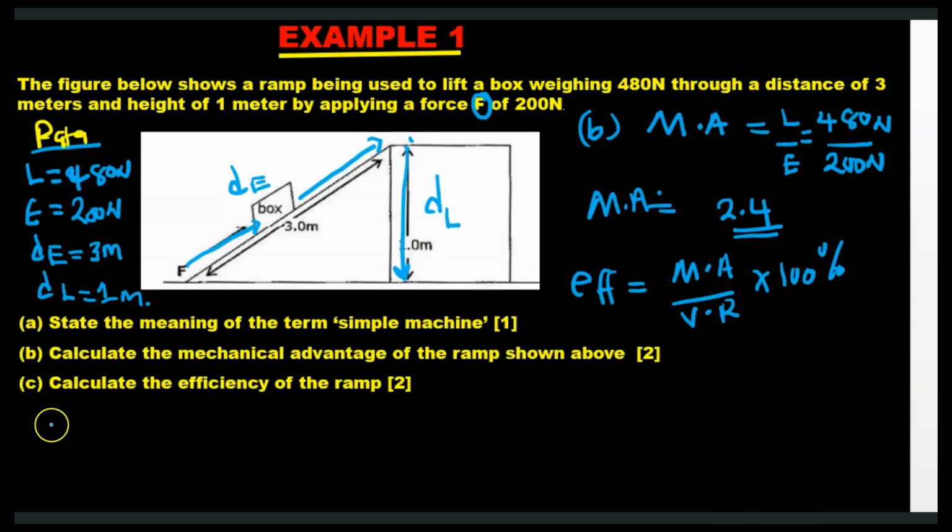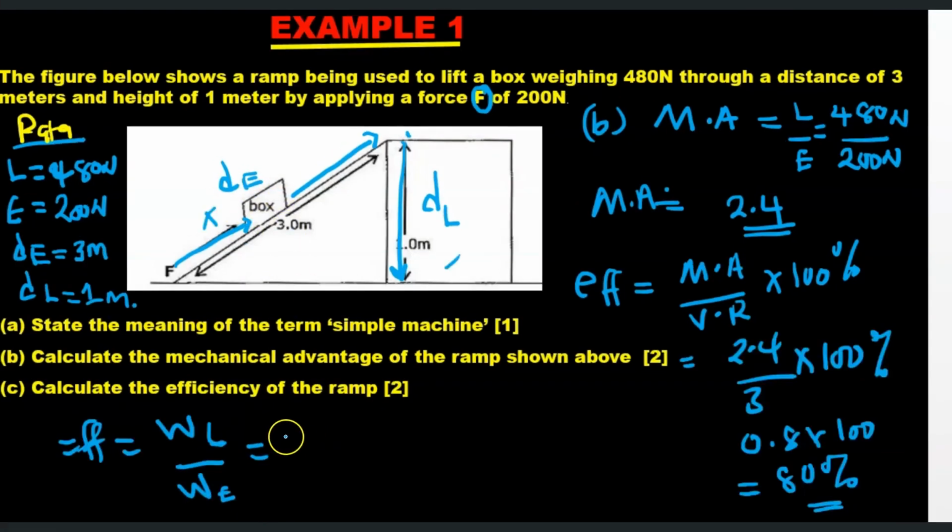Velocity ratio, we said, is simply the distance moved by effort divided by the distance moved by load. Do we have the distance moved by effort? Yes, we have it.